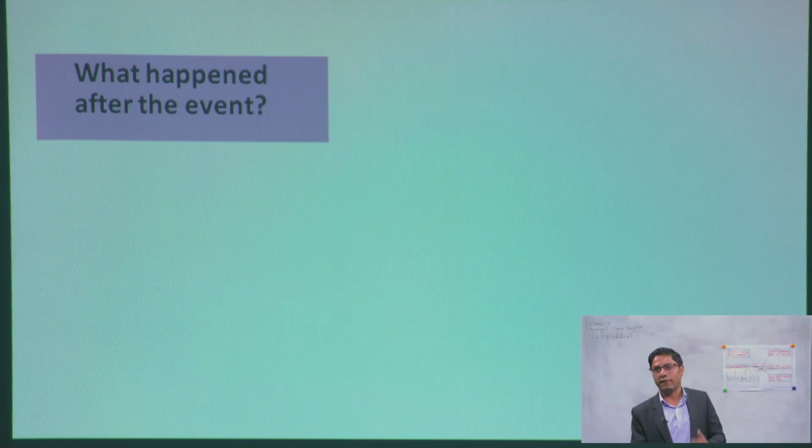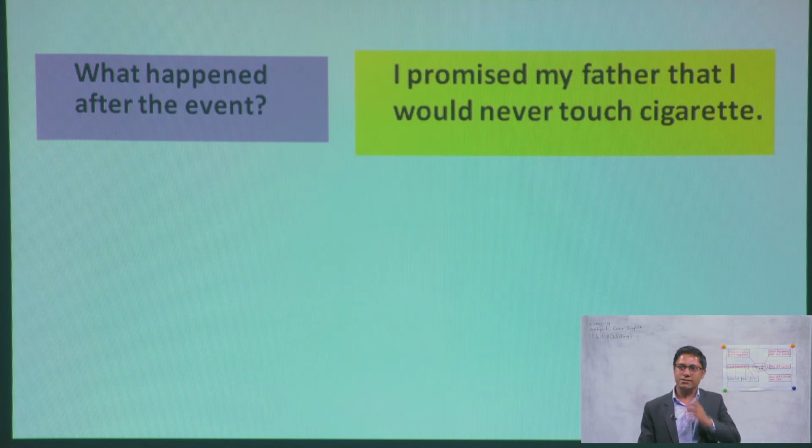Look at the next question. What happened after the event? You also think or recall the event that happened after those events you have already recalled and make a note there now. See what's written there on the screen. I promised my father that I would never touch cigarette.